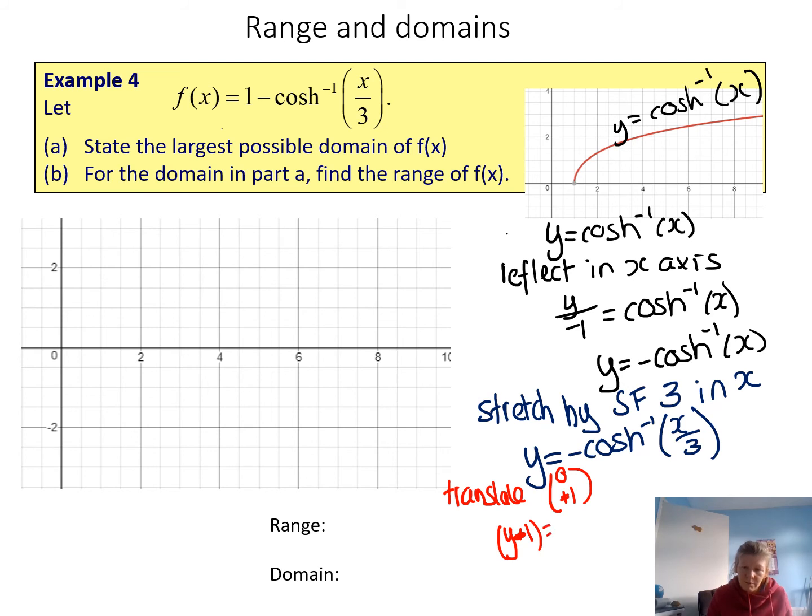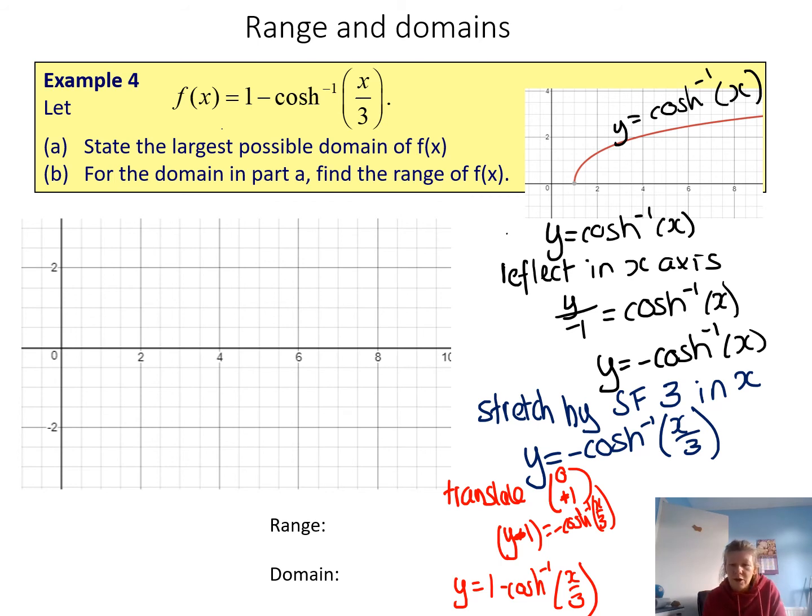That would give me y equals 1 minus cosh minus 1 of x over 3. Bingo. Right, so a lot has been going on there.